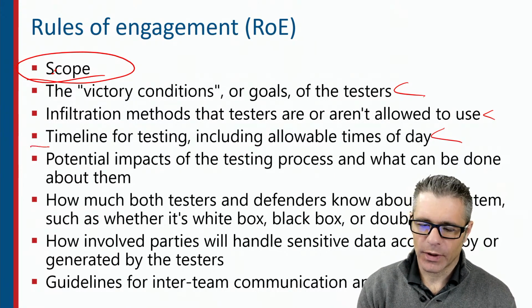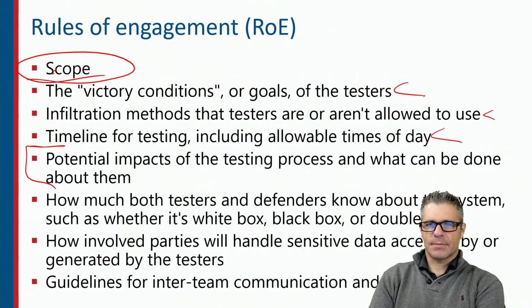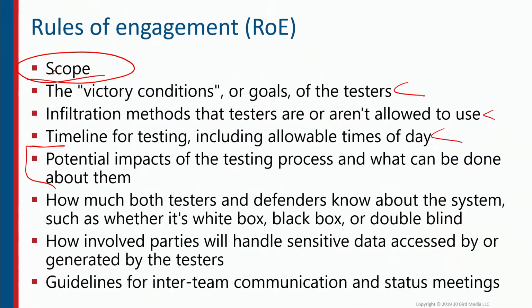What kind of risk are we willing to accept in terms of the tools that the pen tests are going to be using? Are we willing to let people break stuff? We talked about the white box, black box, double blind piece last time. Are we going to give them a head start?